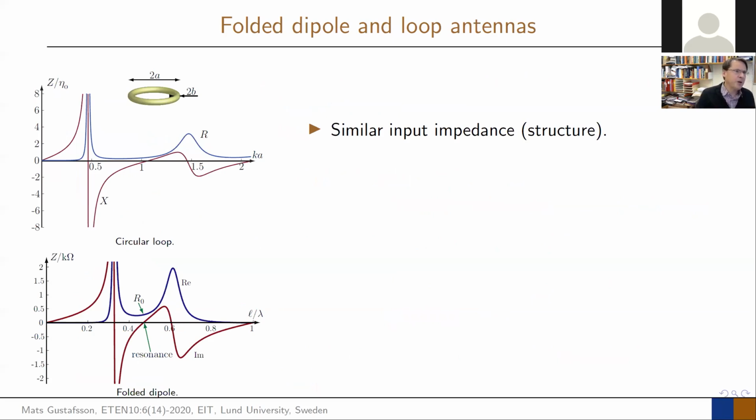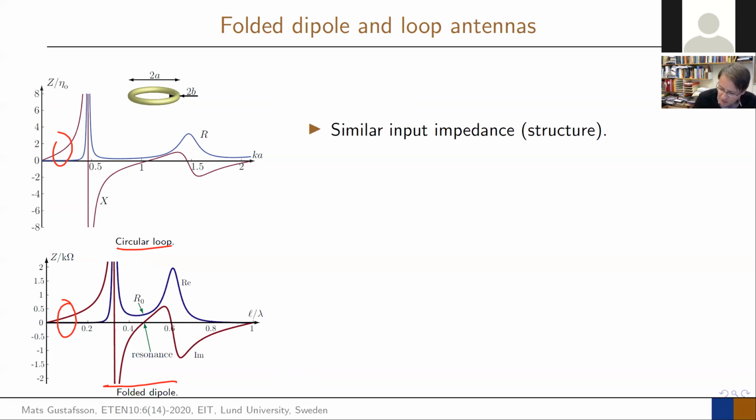And if I would compare that with something, we can compare it with a folded dipole. So if we make a comparison between those two, you had the folded dipole down here, and we have the circular loop up there. And you can see that they are pretty similar. Both of them have a region here where it's inductive, radiation resistance is basically 0.